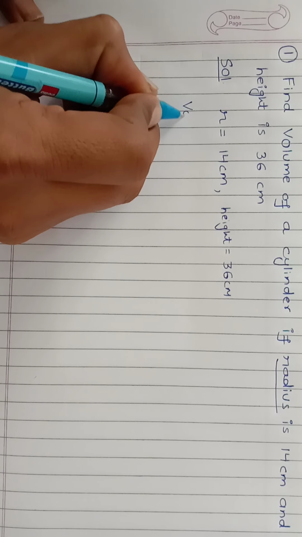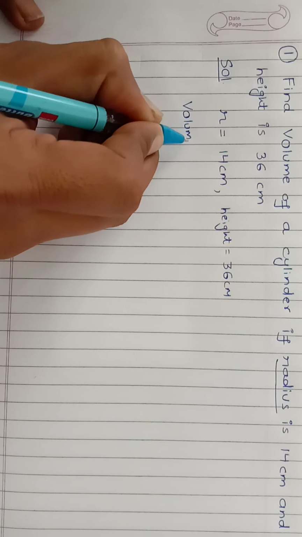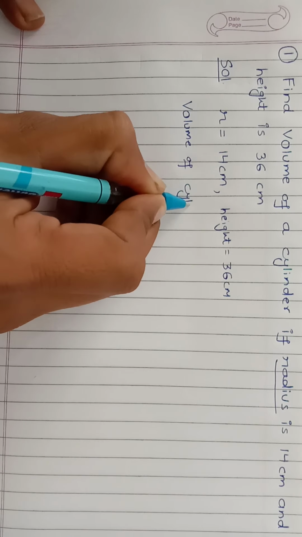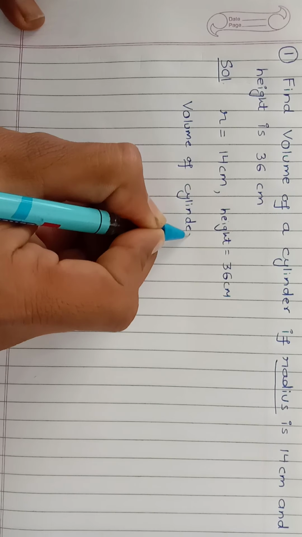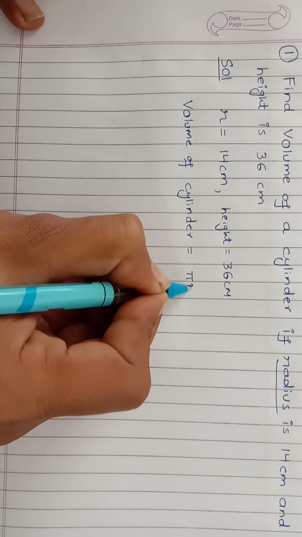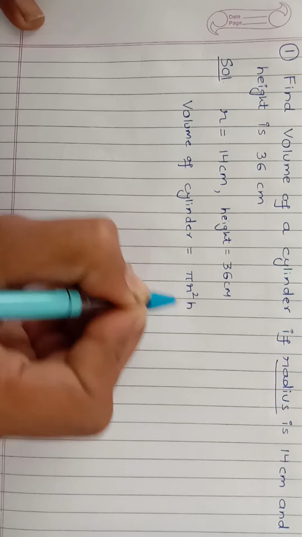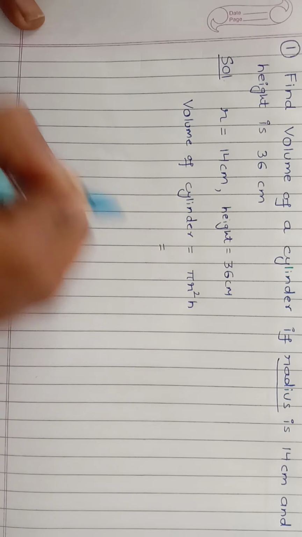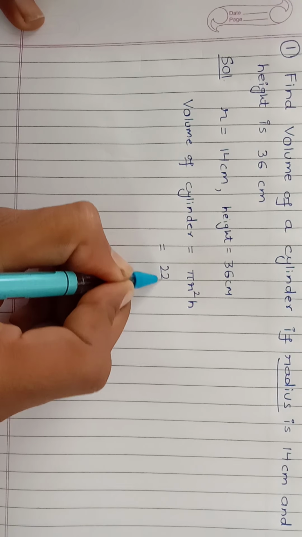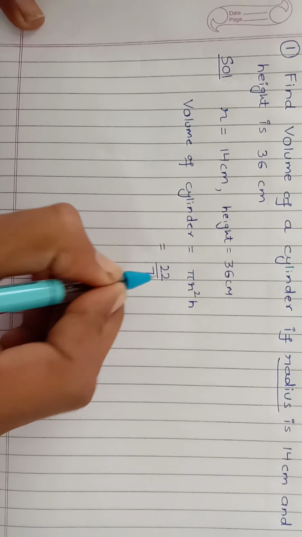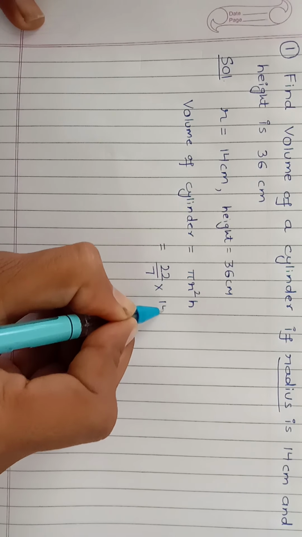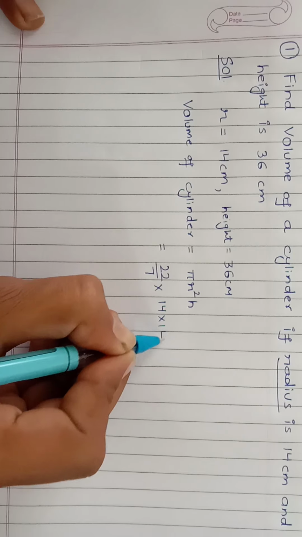To find volume of a cylinder we are having a formula. The formula is pi r square h. Insert all the values in the formula. Value of pi, then value of r is 14, 14 into 14.